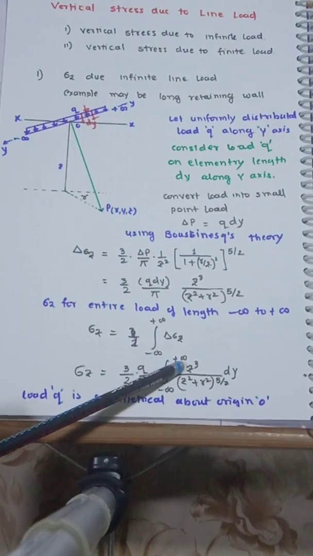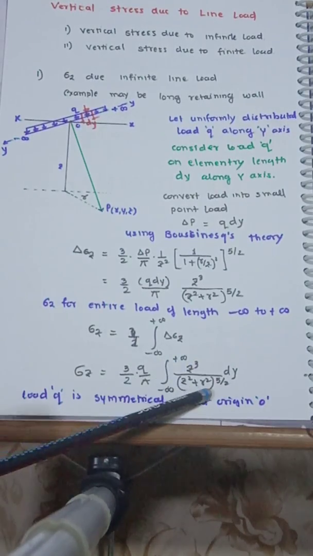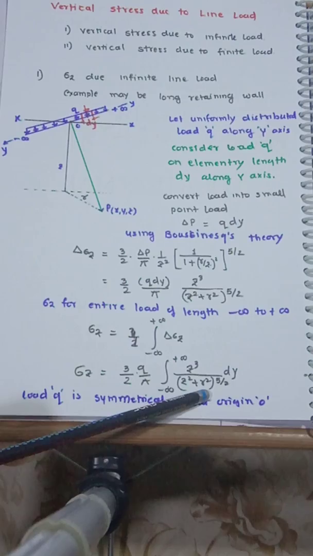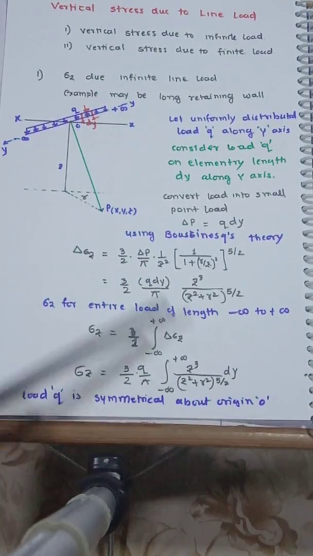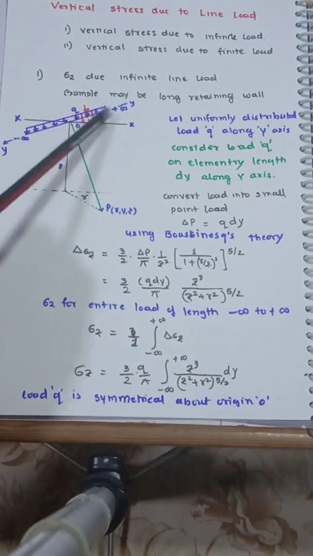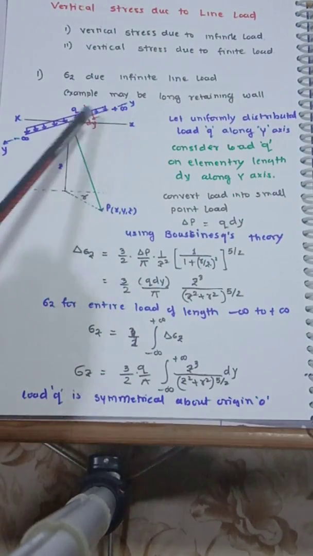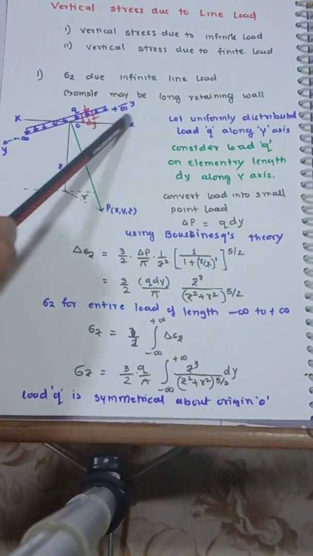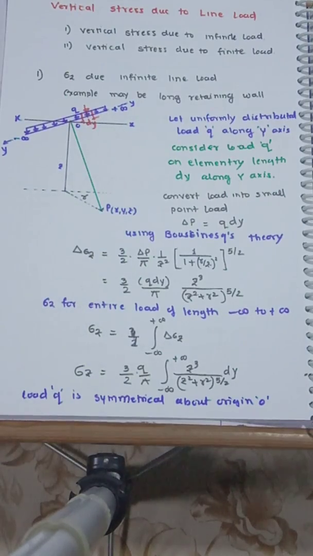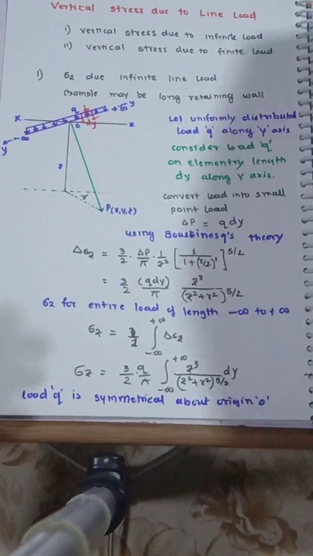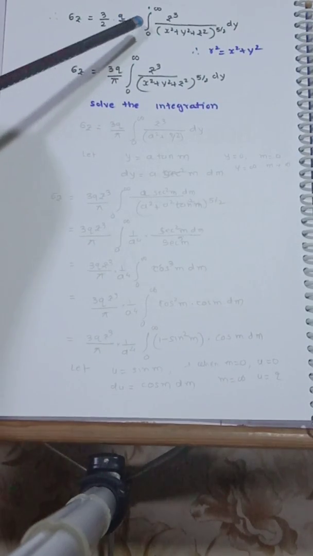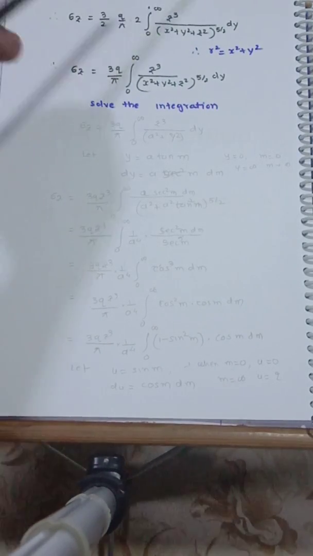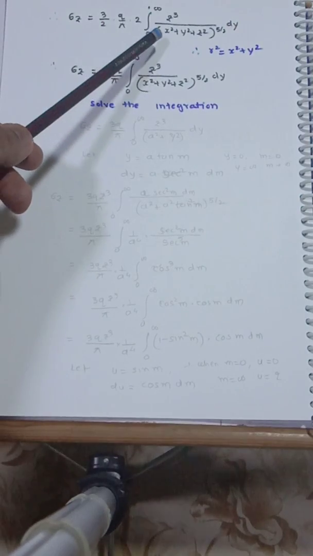Even Z is a constant. As the load is symmetrical on both sides of the origin, we can take 2 times this integration, from 0 to infinity, taking from the origin.